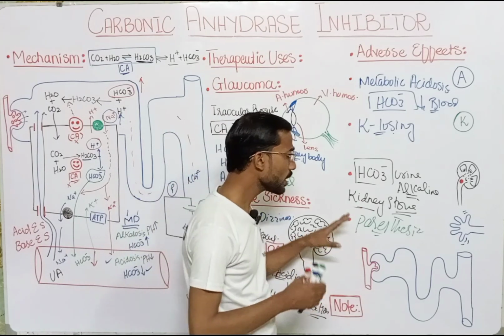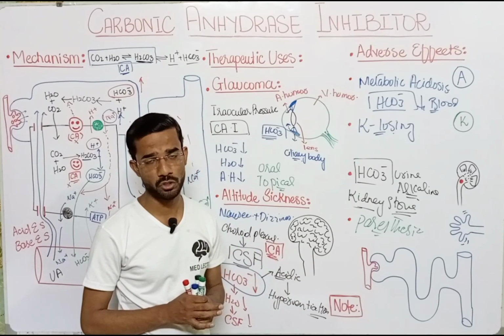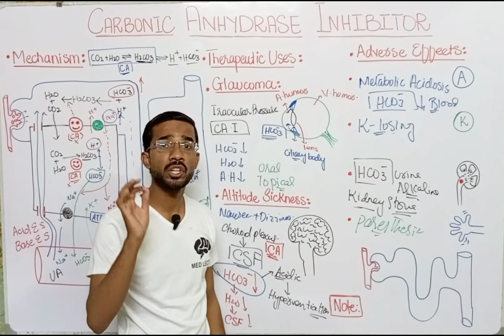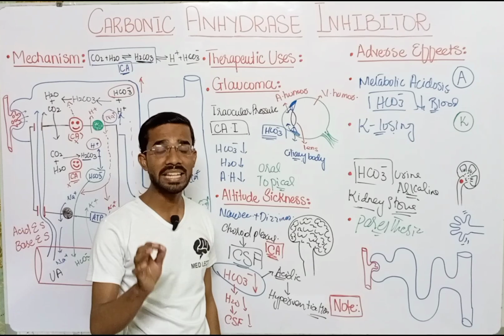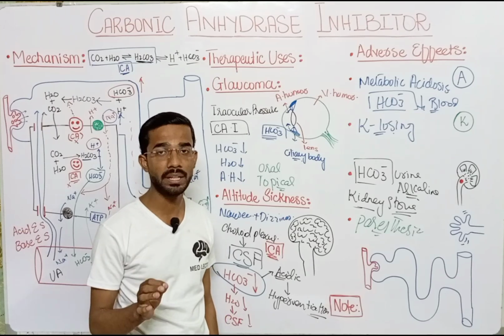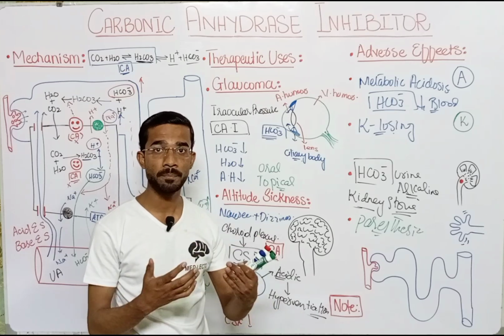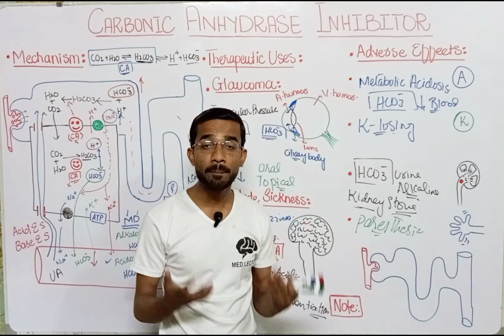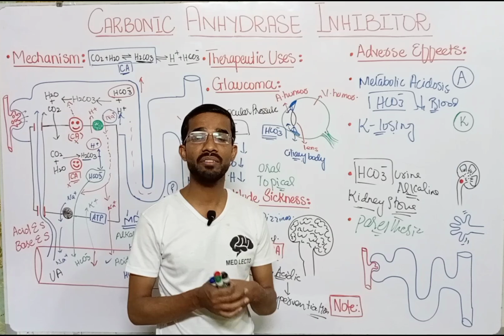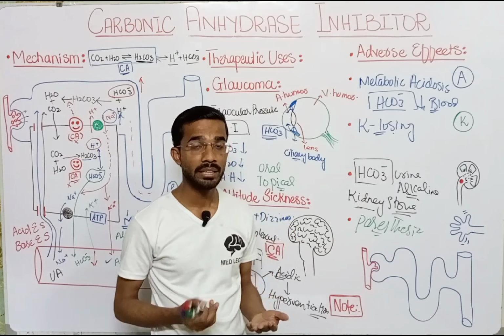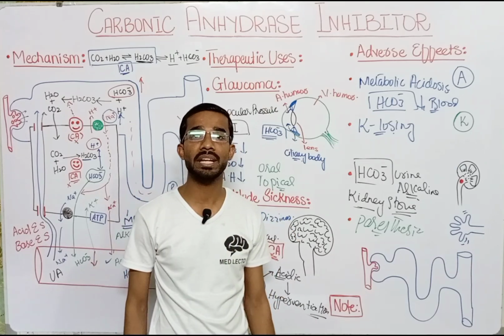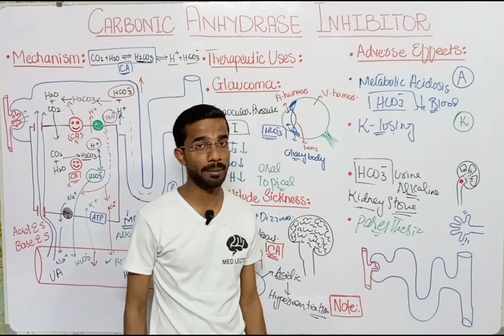And last, the most important thing which you have to remember: you will not prescribe any carbonic anhydrase inhibitors in case of hepatic impairment. If there is a patient whose liver is not functioning properly, then you will never prescribe carbonic anhydrase inhibitors. Why?